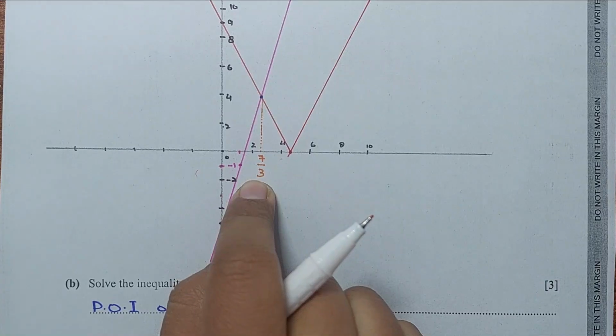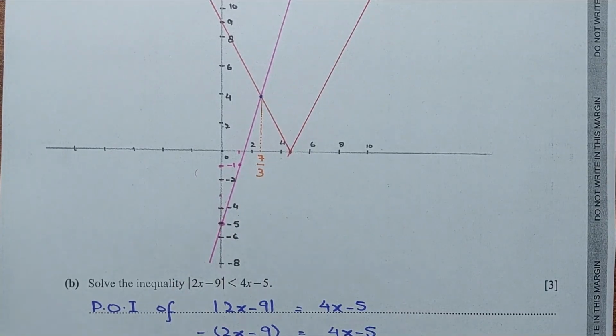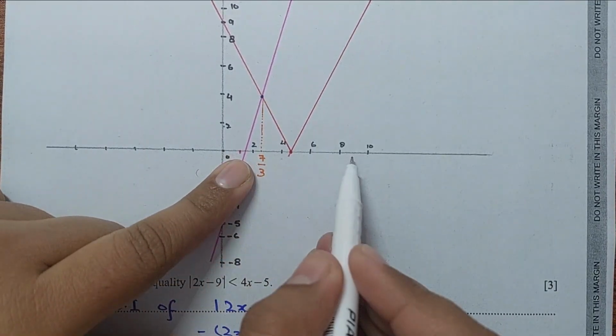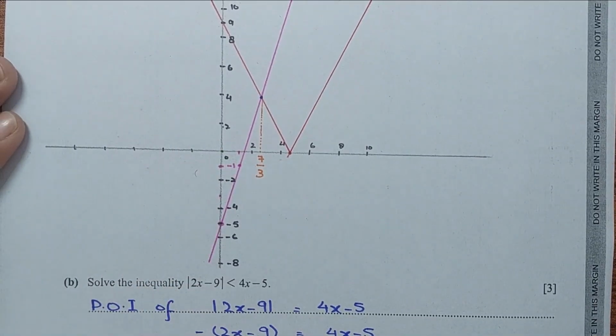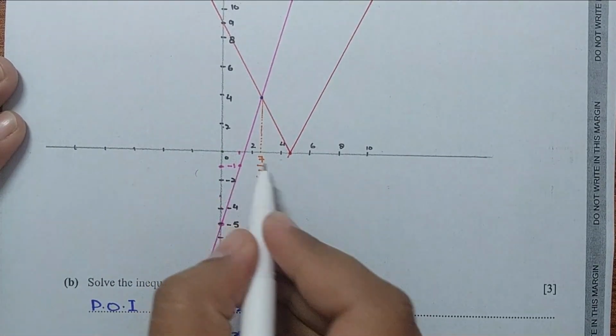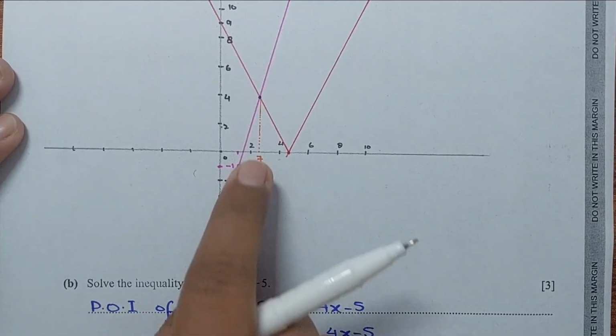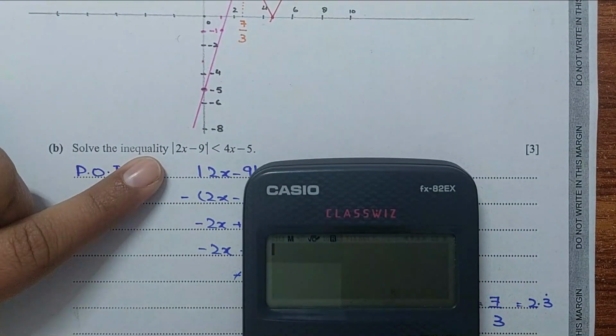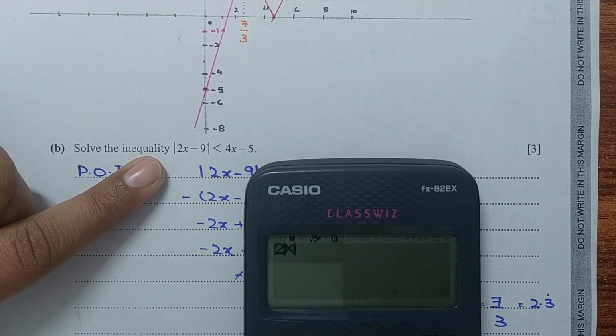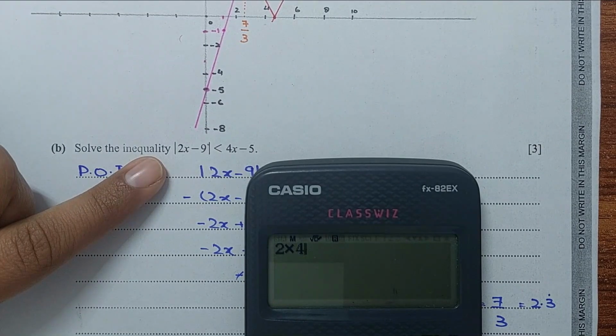We need to figure this out, right? Okay, so when we put values which are more than 7 by 3, we can check. More than 7 by 3, 7 by 3 is 2.3, if I take 4. So if you put the value 4, the absolute of 2 times 4 minus 9 is negative 1, and absolute of negative 1 is just 1, right?